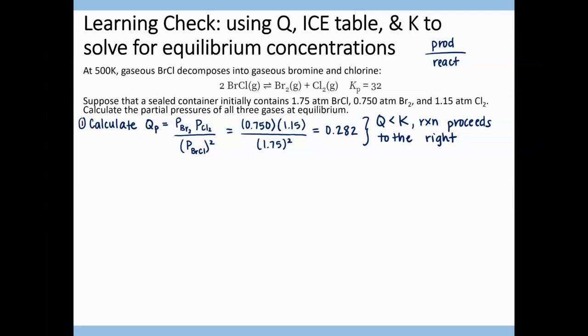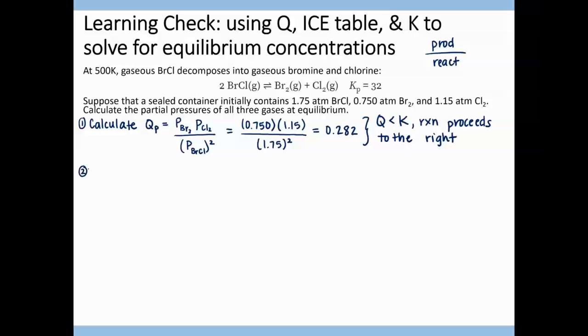Now we do all of that, calculating Q, to know which signs to include for the change row in the ICE table. The next step is to set up the ICE table. We know that we are going to form more products, so we should have positive x for the products in the ICE table.